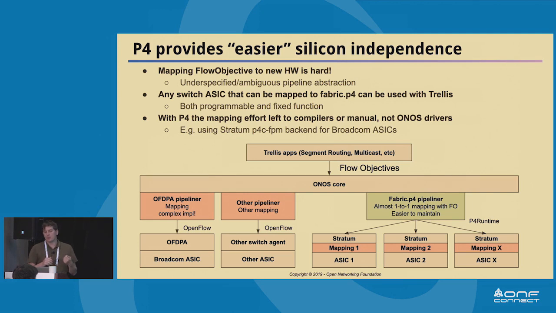And the good thing about P4 is that now that we have a pipeline that is formally specified using a language such as P4, the effort of mapping this pipeline to different ASICs can be left to compilers or can be manual. But again, it's not dependent on an ambiguous specification of the API itself.